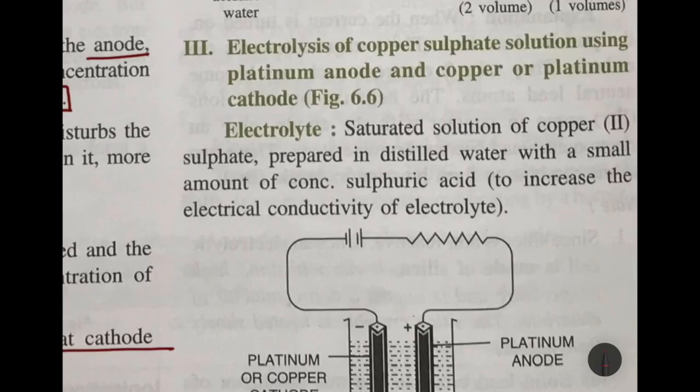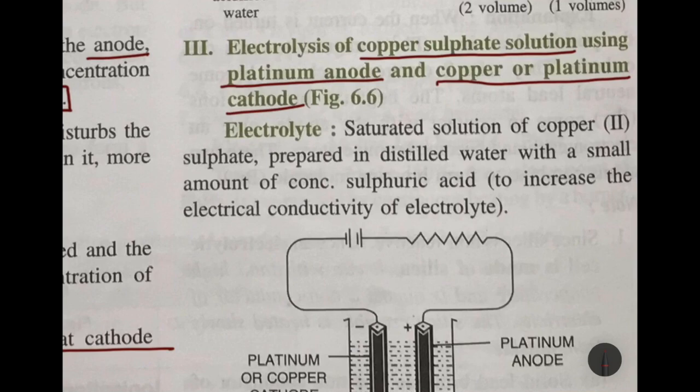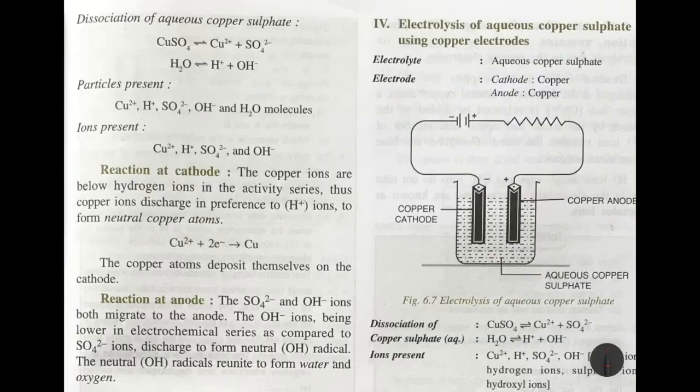Next, we move on to the electrolysis of copper sulfate solution using a platinum anode and a copper or platinum cathode. Now, the electrolyte used is a saturated solution of copper sulfate, and this saturated solution is prepared in distilled water, and a little bit of concentrated sulfuric acid is added to increase the electrical conductivity of the electrolyte.